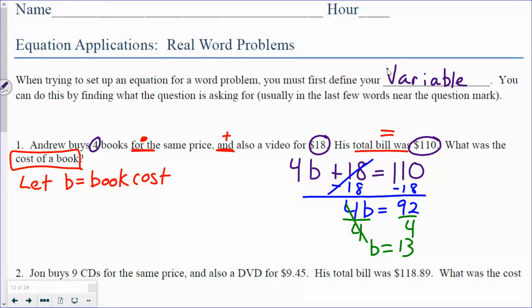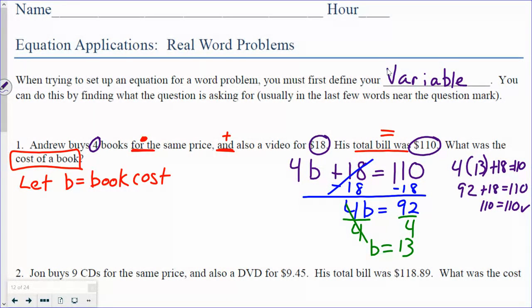Now remember, we can't just circle that and say we're done. We have to answer in sentence form. And could I check this? Yes. If I had a little bit more space, I could easily take my 4 times 13 plus 18, which would get 110. So we get 92 plus 18, and we get 110 equals 110.